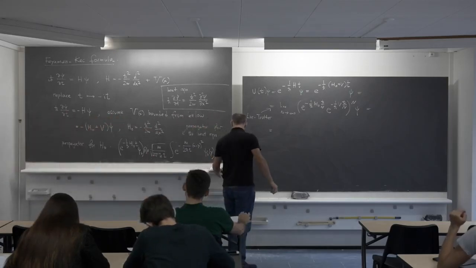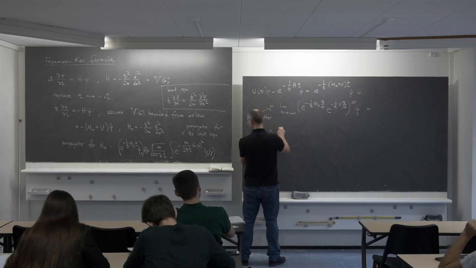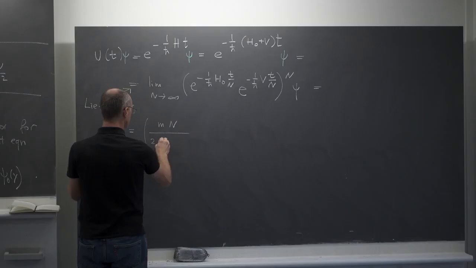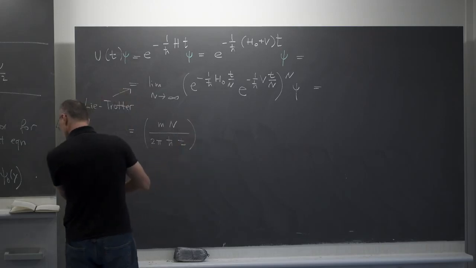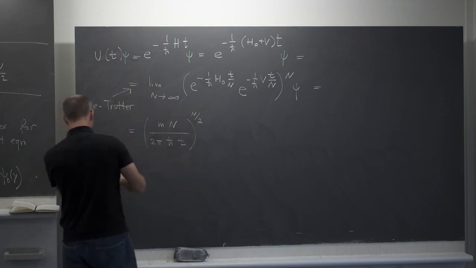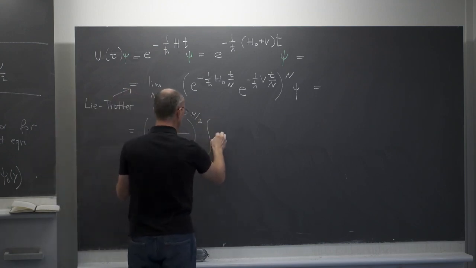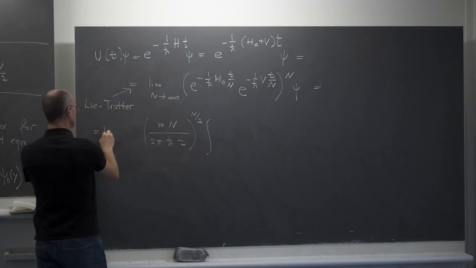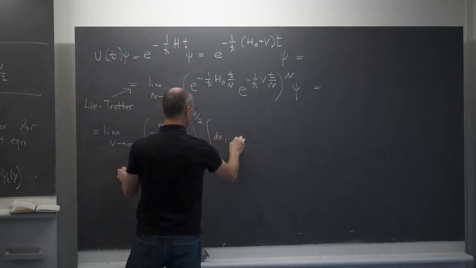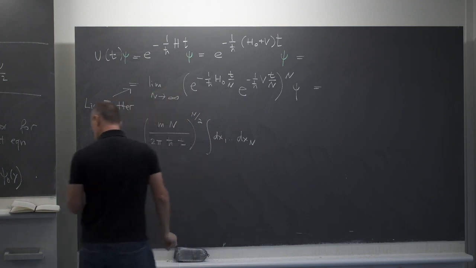Now, what will it be? This will be m n over 2 pi h bar t to the power n over 2. And here an integral, sorry, always a limit, of course. An integral dx1 ... dxn.